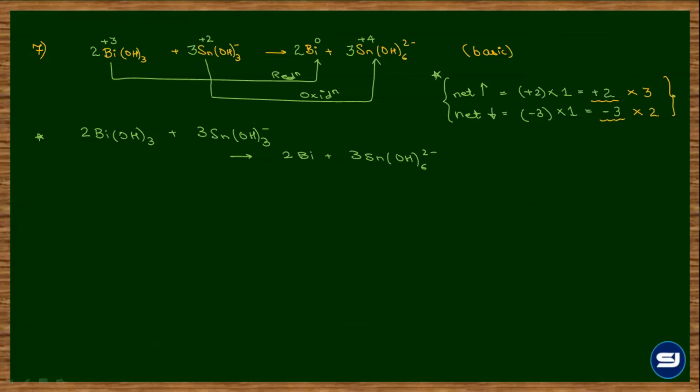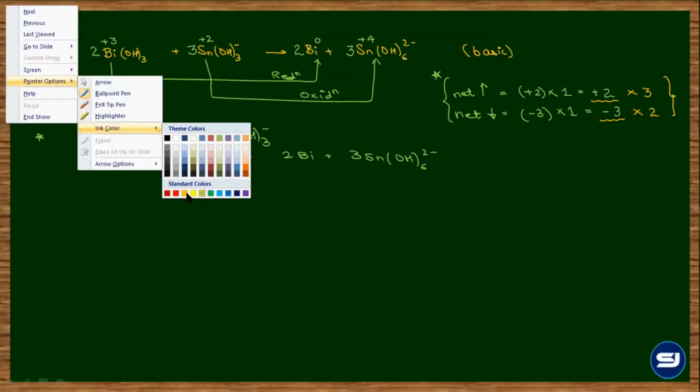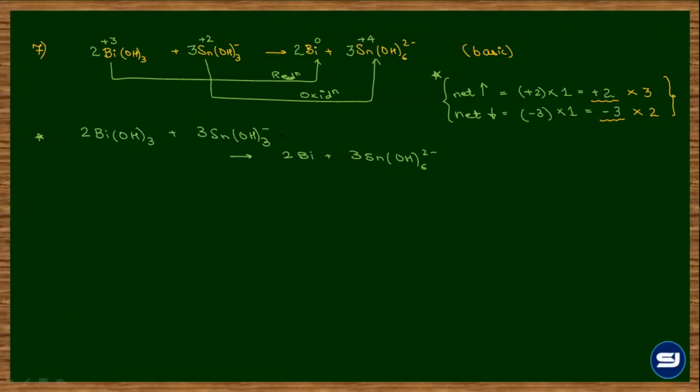It is 2 into O3, that is 6, plus 3 into O3, that is 9. So it will be equal to 15. And on the right, 18. So the side which is deficient of oxygen should be balanced by adding that many water molecules. What was the rule? On the side where there is deficiency, add that many water molecules. So you will be adding how many H2O? 3. 3 on the left to balance the 15 with 18.